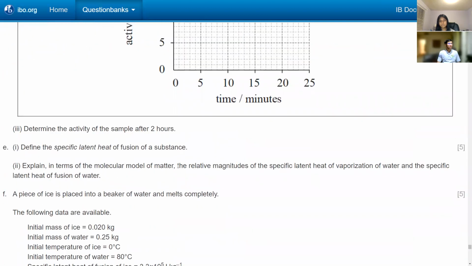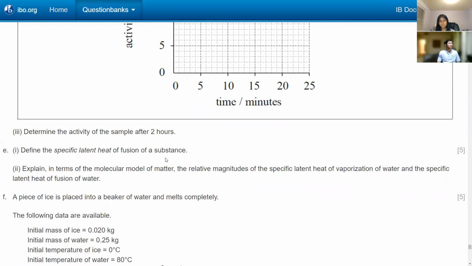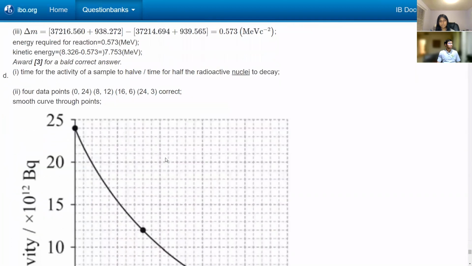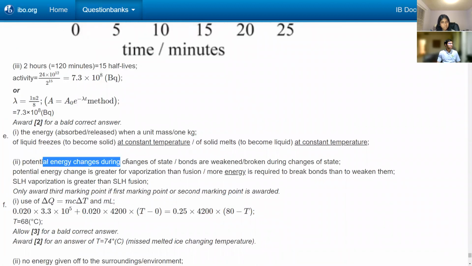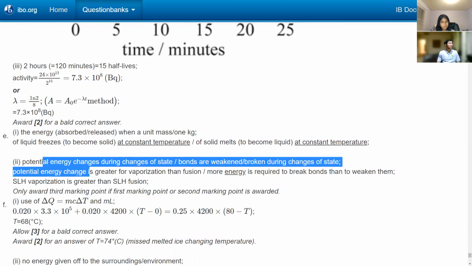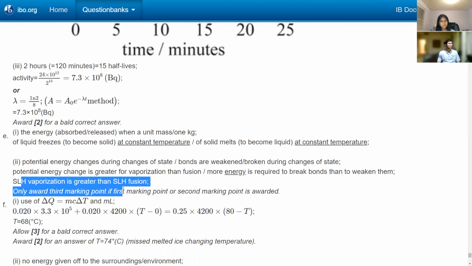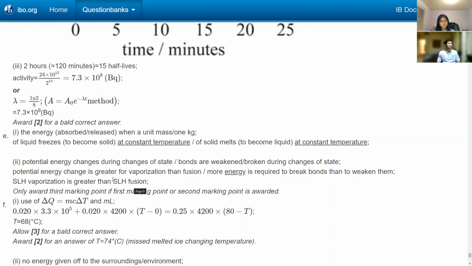How many marks is that? It's 5 total. Potential energy change during changes of state, bonds are weakened, greater, more energy required. So this is vaporization. Yeah, we talked about that.